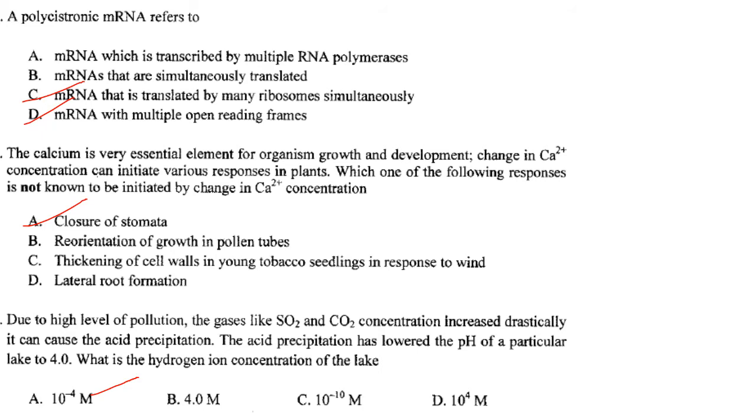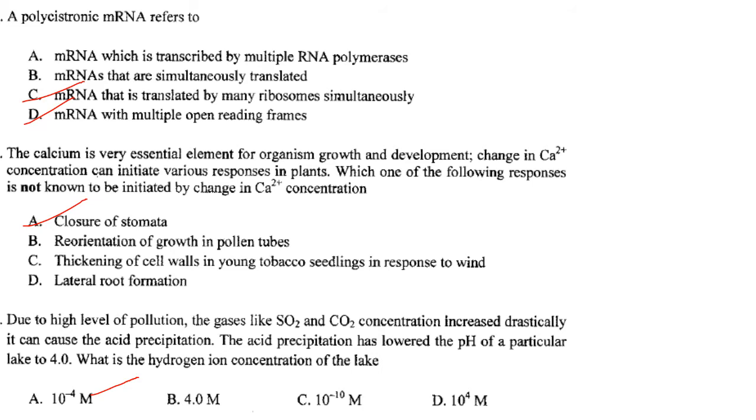Then next one. Calcium is a very essential element for organisms' growth and development. Change in Ca2+ concentration can initiate various responses in plants. Which one of the following responses is not known to be initiated by change in Ca2+ concentration? So closure of stomata.